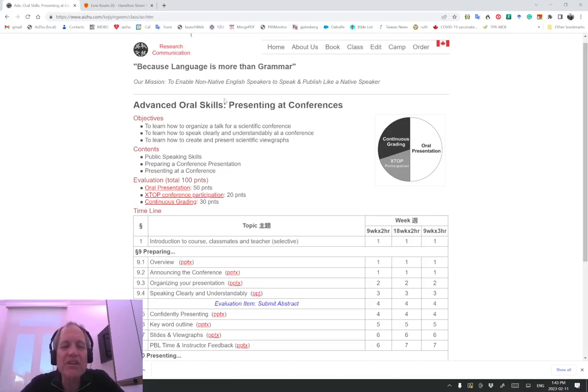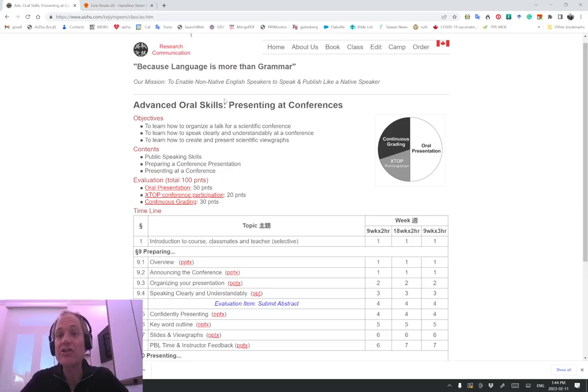So in order to meet these objectives, I have chosen the following contents. Basically, we're going to look at public speaking skills. We're going to look at how to prepare a conference presentation. And finally, we'll talk about some of the skills and techniques that are needed when you present at a conference.